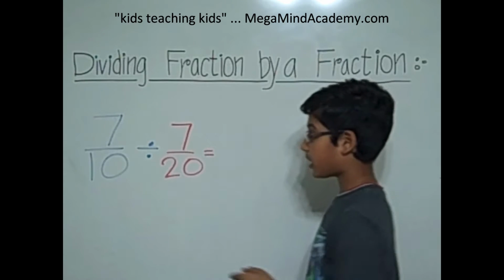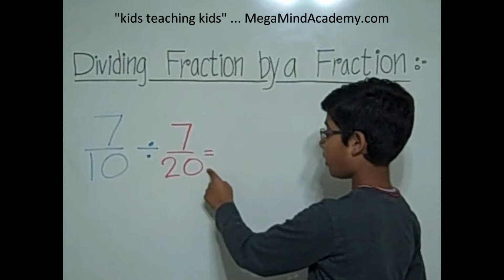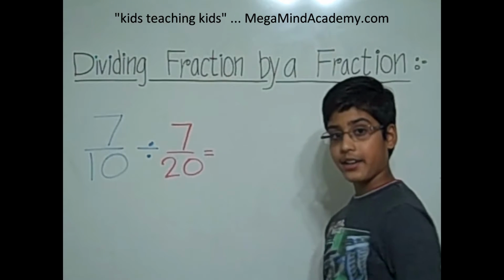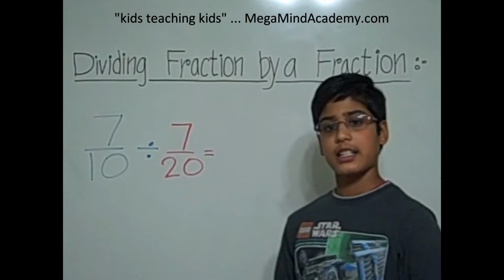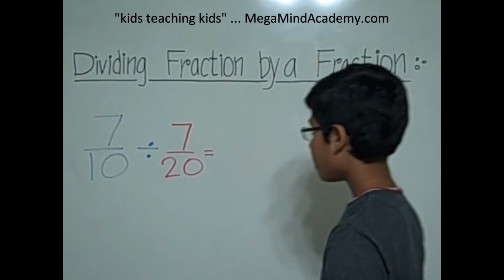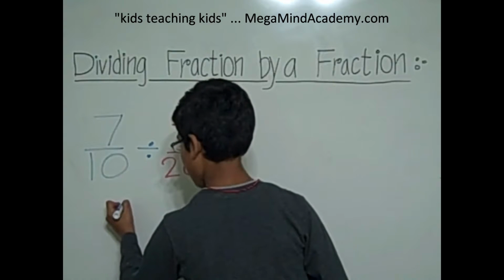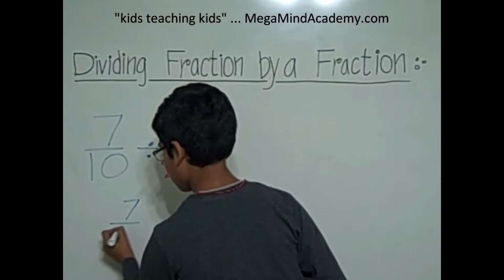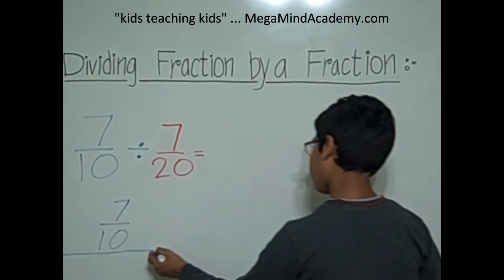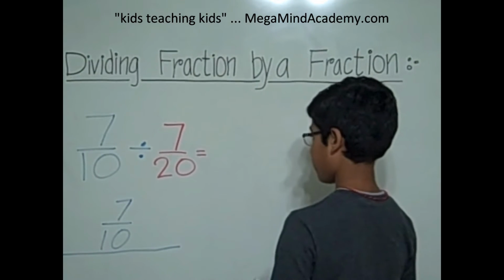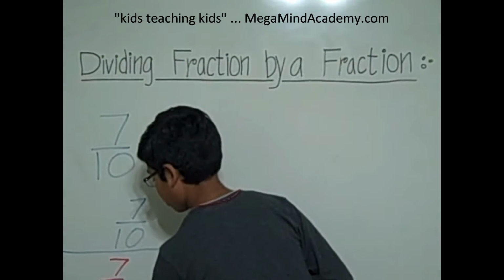You can see because 7/10 is the blue and 7 over 20 is the red. So, let me write this as a fraction. We have 7/10 over, you can see it has a big fraction line, 7 over 20.